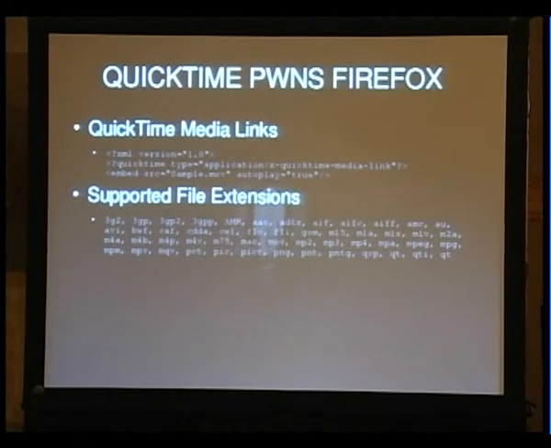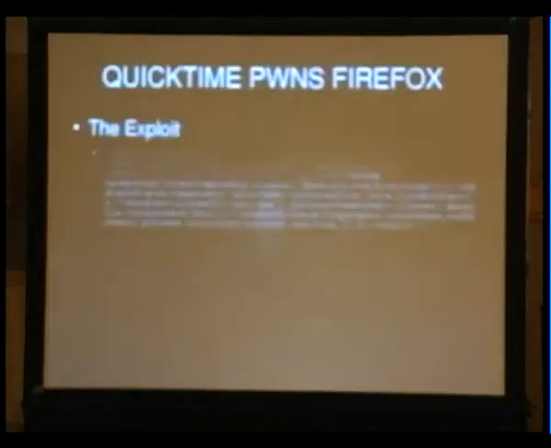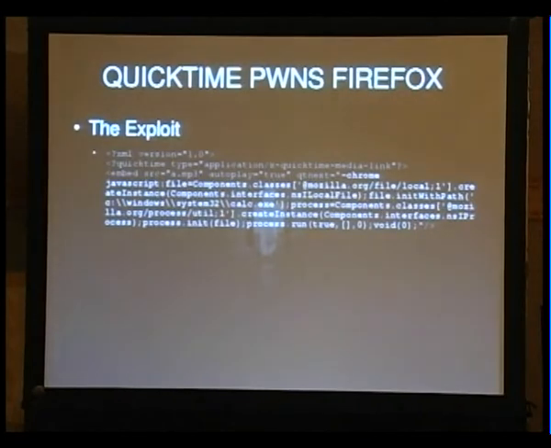QuickTime is probably one of the weakest links of the web user nowadays. We all have the QuickTime plugin on Firefox or whatever browser you use. And unfortunately, there are a lot of issues with QuickTime which lead to command execution. And then again, you don't even need to exploit a memory corruption bug.